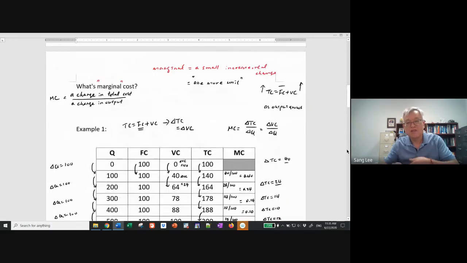Marginal cost means, when you produce one more unit, how much does the last unit cost? So that's another way to interpret marginal cost.